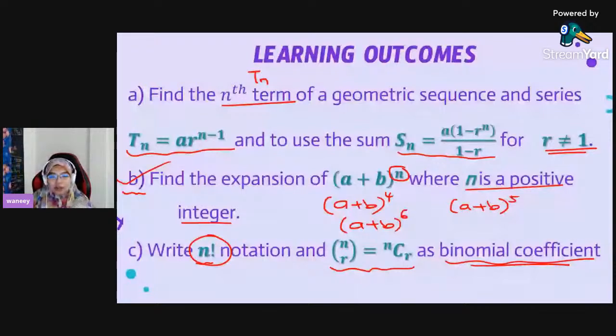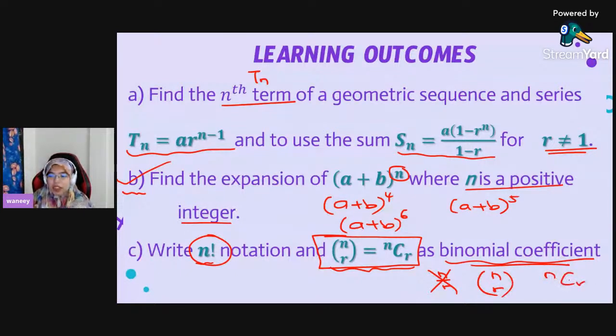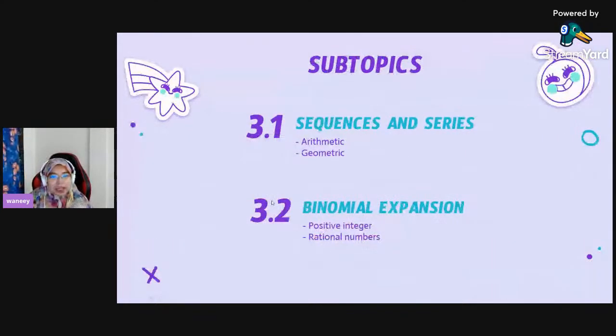This binomial coefficient is simply nCr. It is written as n over r, it really hangs like that, which means nCr. Later I'll teach you how to use your calculator for nCr.